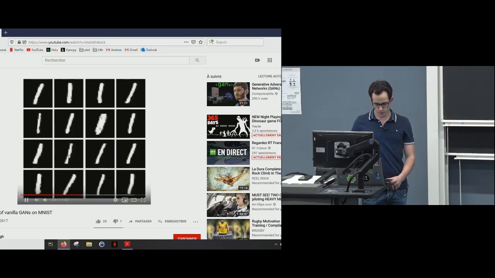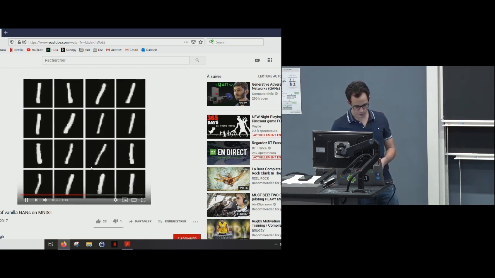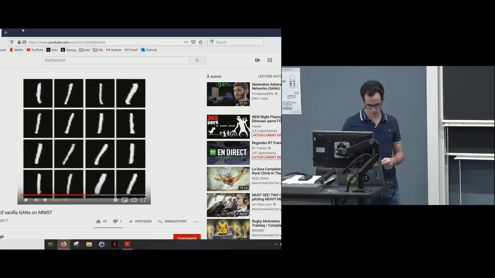It's sort of a local optimum in the training, where the generator is only going to focus on a subset of the space that you're trying to generate, and it's going to become very good at this subset, while the discriminator is going to be pretty bad in there, but it's not too bad for it because it's good at everything else. And it's hard to go out of that issue. It's sort of an exploration of the space problem.